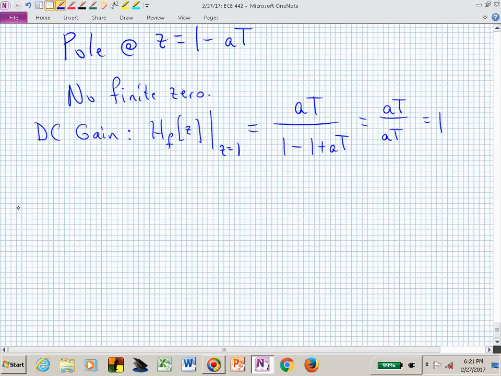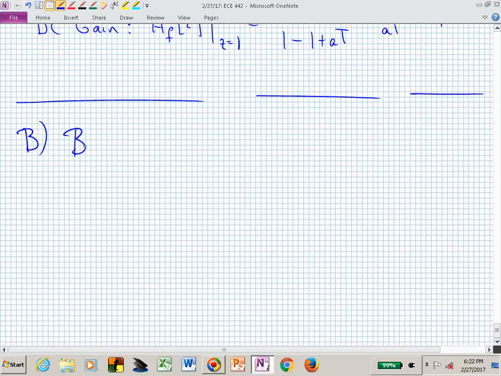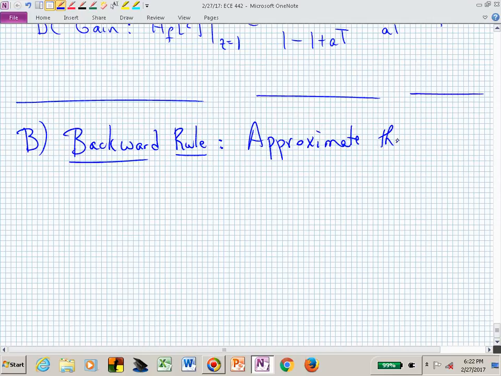All right, let's do another numerical integration. This is getting fun, right? Let's do the backward rule. Here we approximate the integral again with a rectangular area.